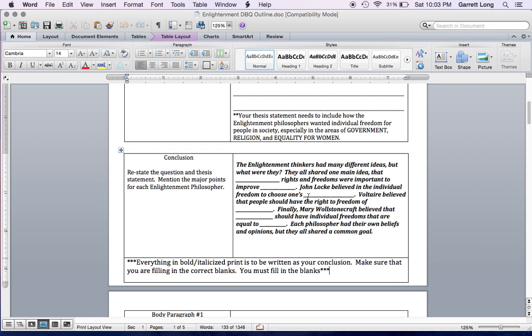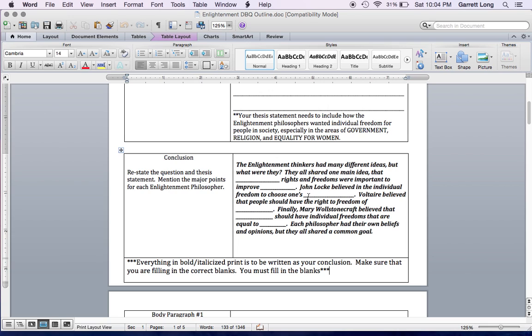John Locke believed in the individual freedom to choose one's blank. Voltaire believed that people should have the right to freedom of blank. Finally, Mary Wollstonecraft believed that blank should have individual freedoms that are equal to blank. Each philosopher had their own beliefs and opinions, but they all shared a common goal.